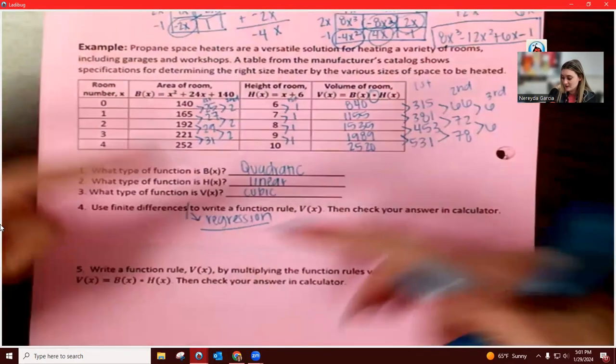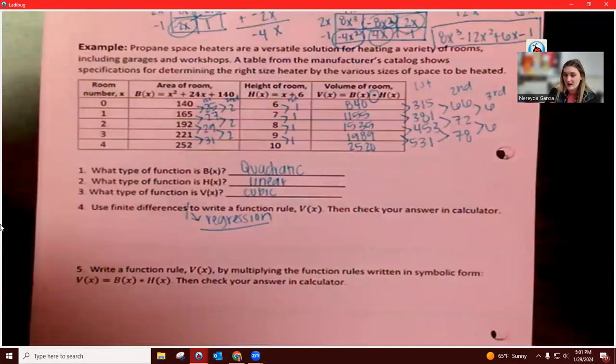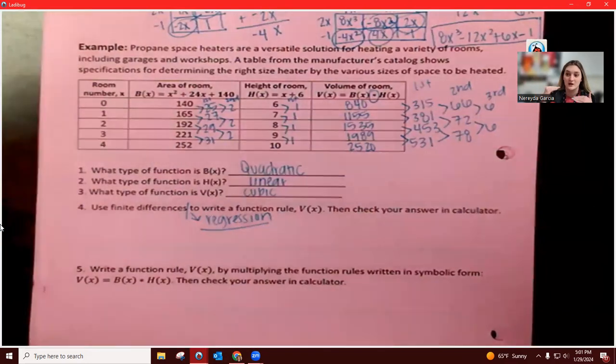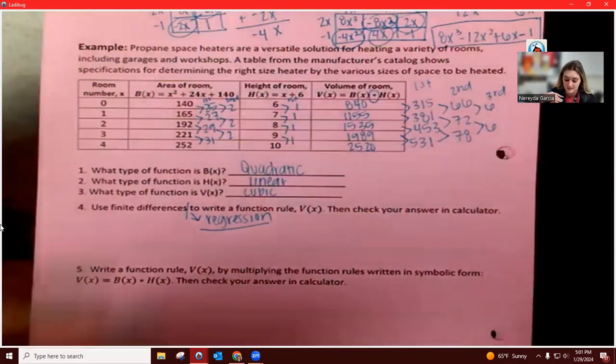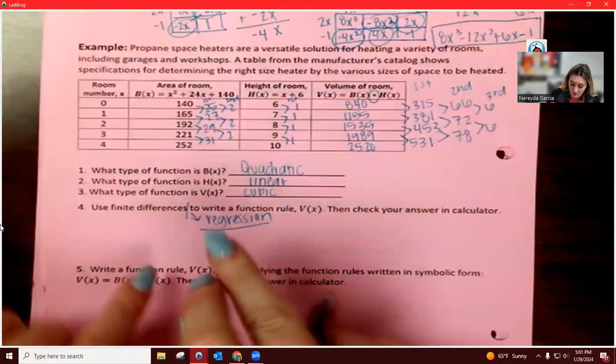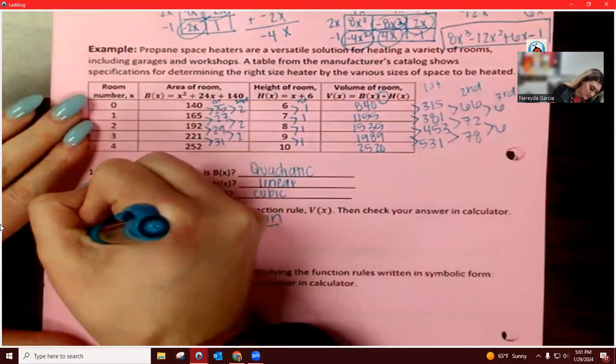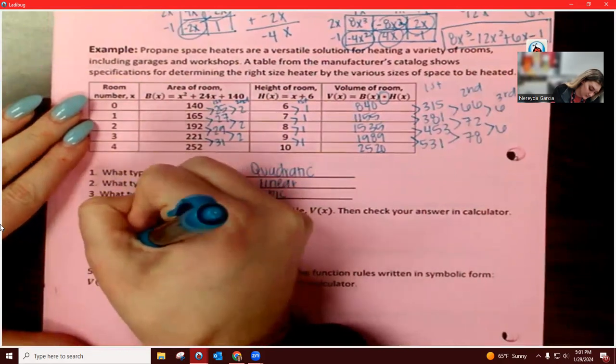I know I'm cubic, and I know for cubic that you're gonna have my poster in my room. It's gonna say what your linear, quadratic, and cubic regression is. And I know v of x is cubic. So I'm going to use cubic regression.